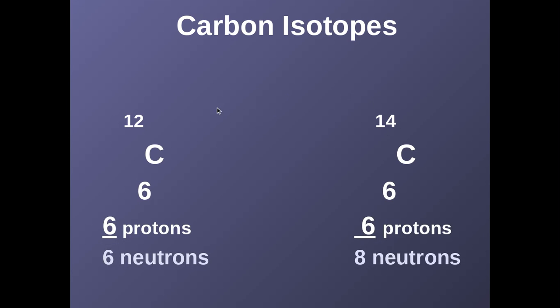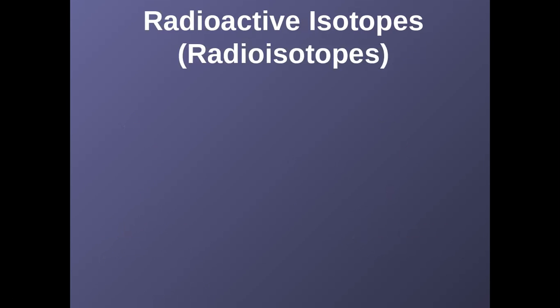The answer is they have different numbers of neutrons, which you already know. 6 plus 6 gives us a mass number of 12, and 6 plus 8 gives us a mass number, or if you prefer to call it, an atomic mass of 14. We know that there are 8 neutrons here and 6 neutrons here. So these carbons are isotopes of each other, meaning they have a different number of neutrons, but they do have the same number of protons.